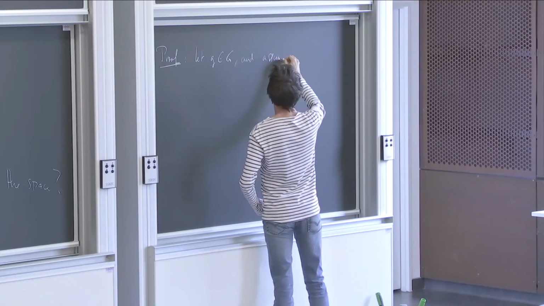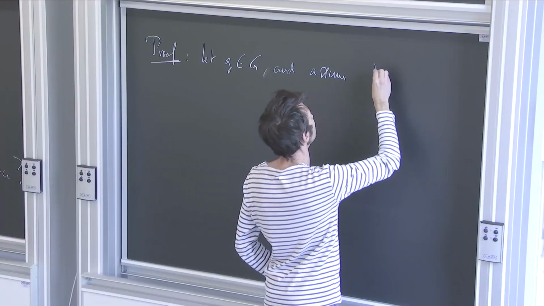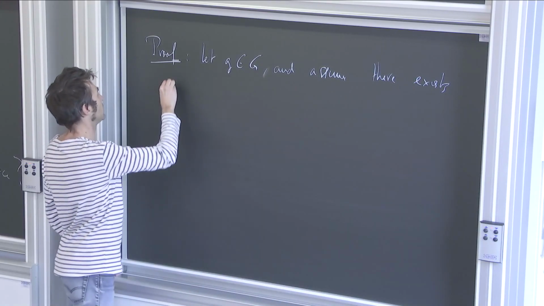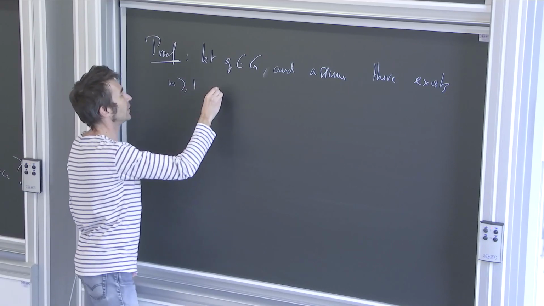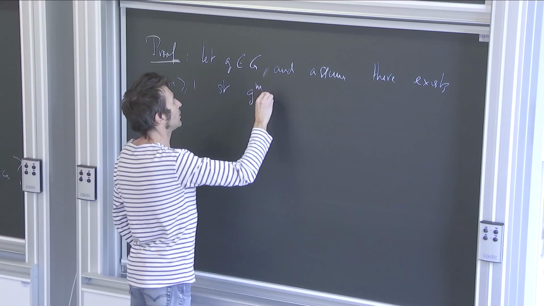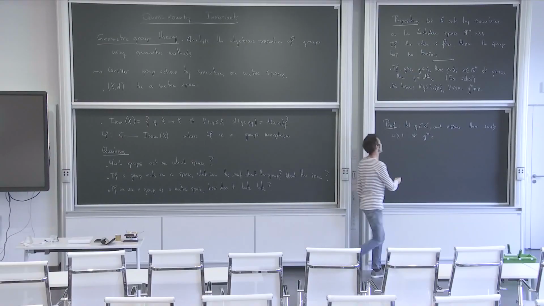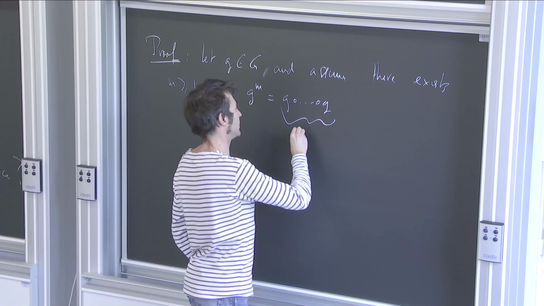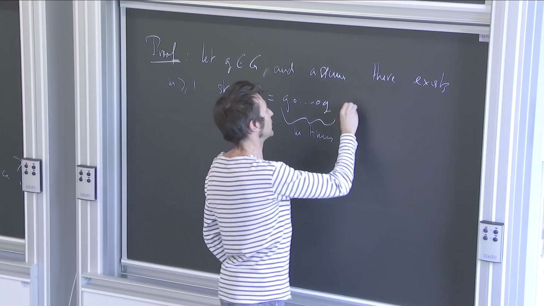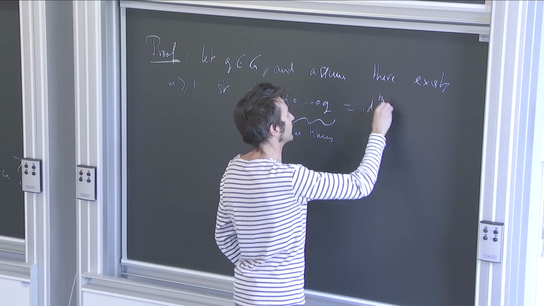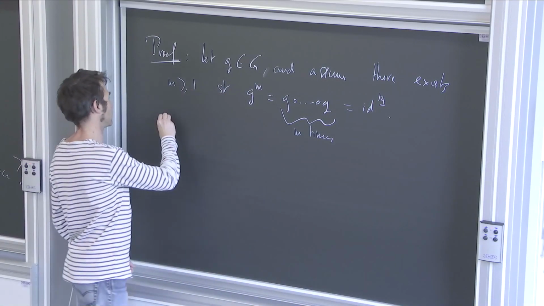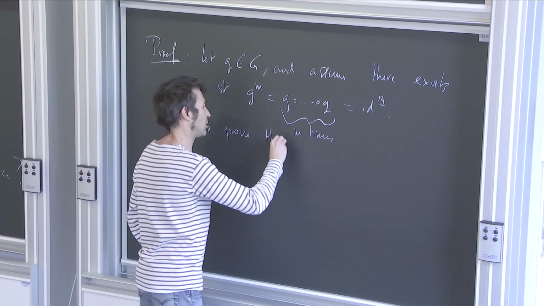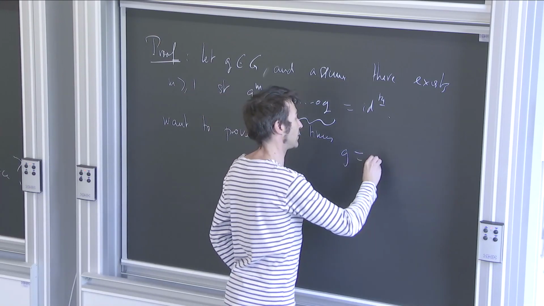So this means that there is an iterate m, at least one, such that the m-th iterate of g, let me just remind you that this is g composed with itself m times, is equal to the identity map. And I want to prove that actually g is already the identity map.